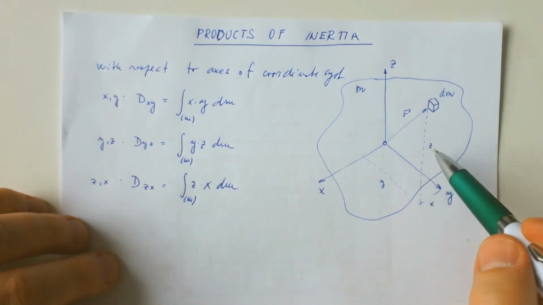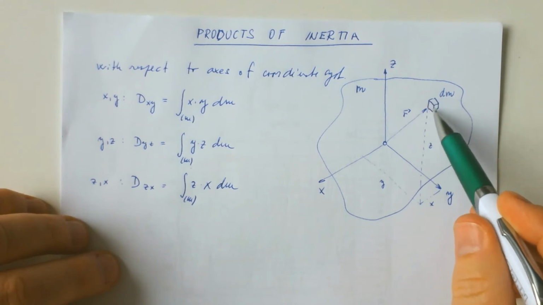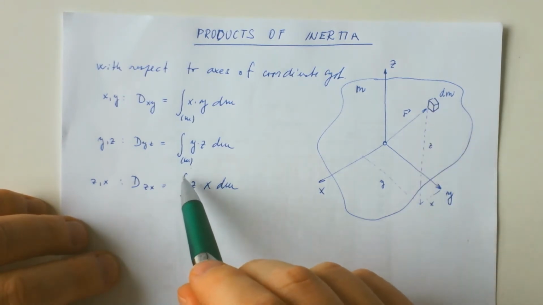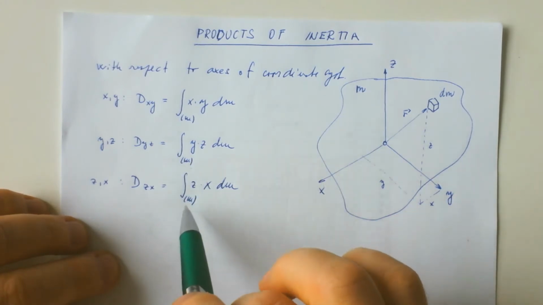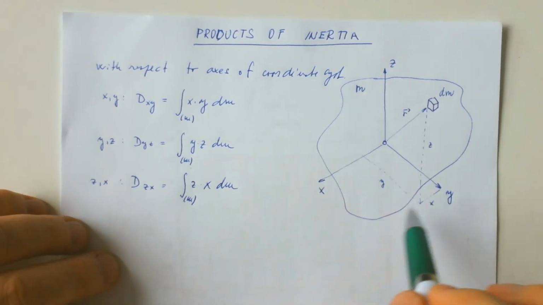Naturally, we take into account these coordinates of the mass element and we integrate through all volume, respectively over full mass of the body.